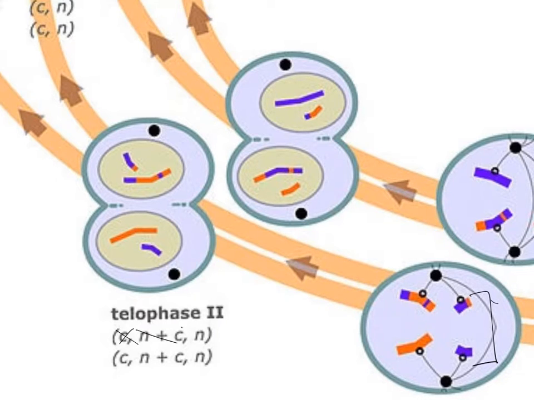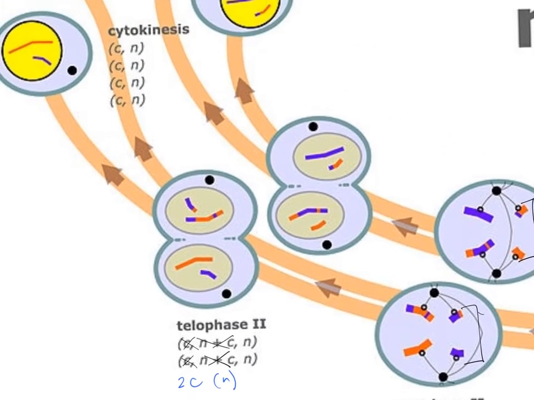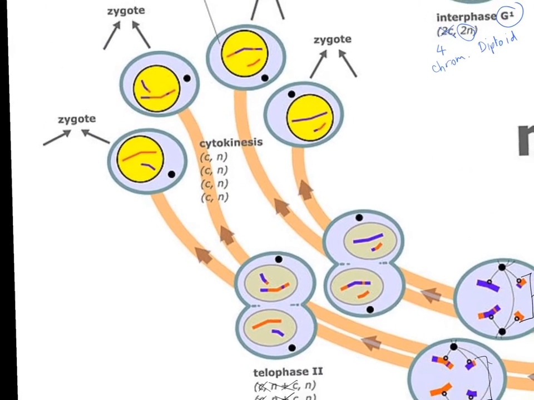Again, this drawing is not right; it should show 2 chromosomes in each cell. Let's look at the gametes we made.